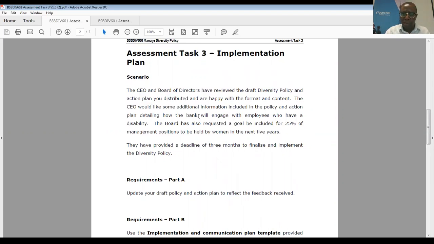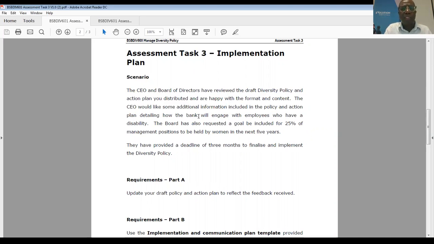The board has also requested a goal be included for 25% of management positions to be held by women in the next 5 years. They have provided a deadline of 3 months to finalize and implement the diversity policy. There are some challenges there. After you finished your policy, the CEO said, yeah, that's great, it's beautiful.